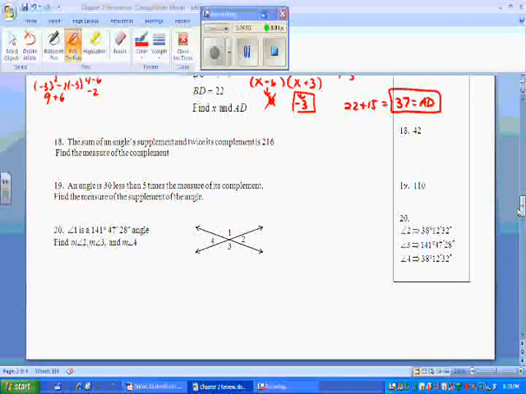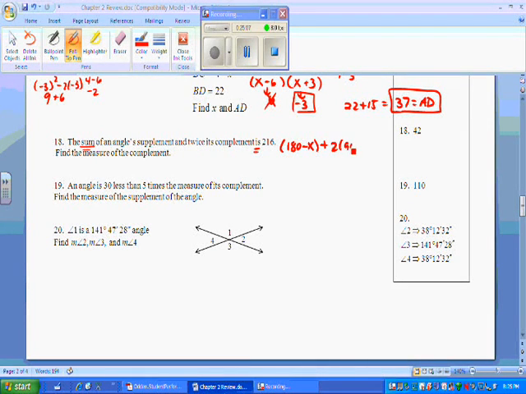Question 18. The sum of an angle's supplement and twice its complement is 216. Here's your equal sign. The sum means add, so we have the angle's supplement, which is 180 minus x, and we're adding twice its complement, 2 of the 90 minus x's, and setting it equal to 216.